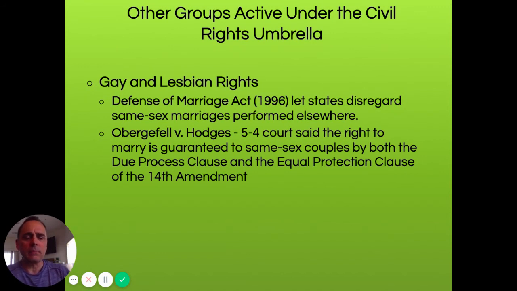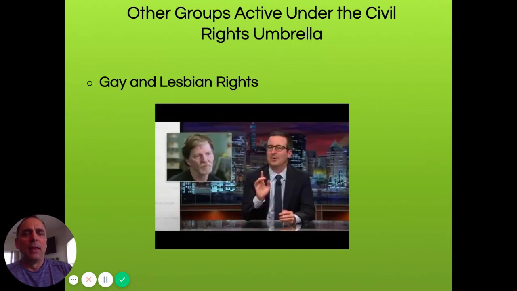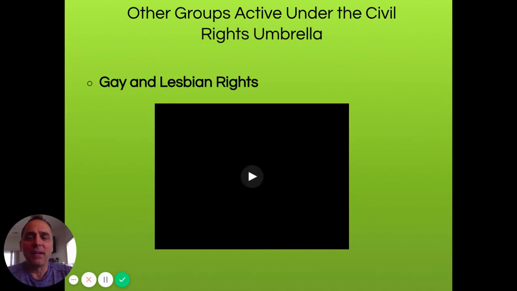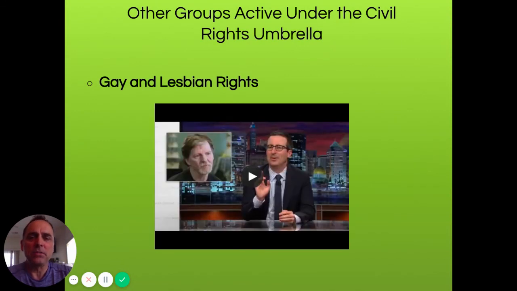Now, gay marriage is now allowed in all 50 states because of that Supreme Court case. But that doesn't mean that all rights are. There are still a multitude of states that can fire a person for being gay, deny them the right to live in an apartment building, deny them a lease, deny them a mortgage, all of these different things where we still don't see gay and lesbian rights being protected.